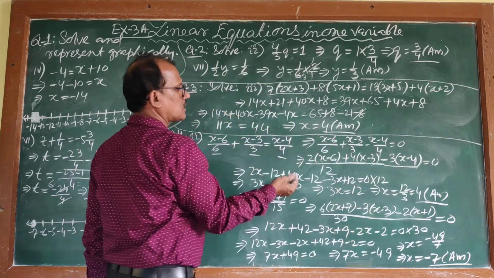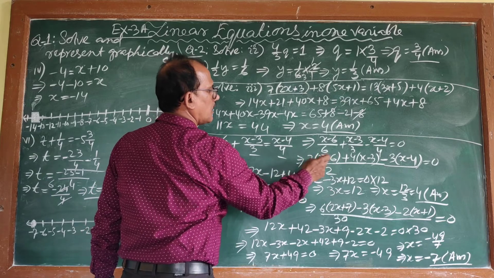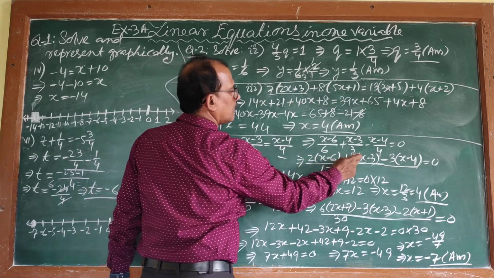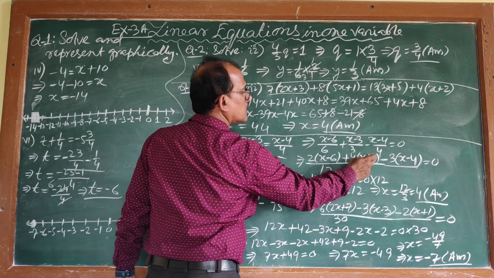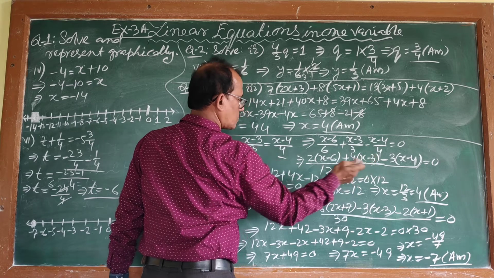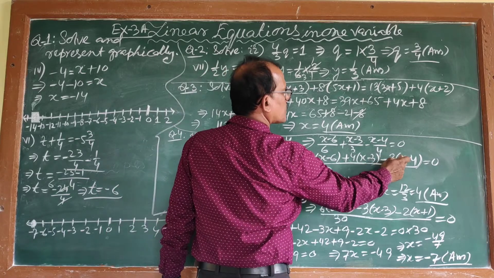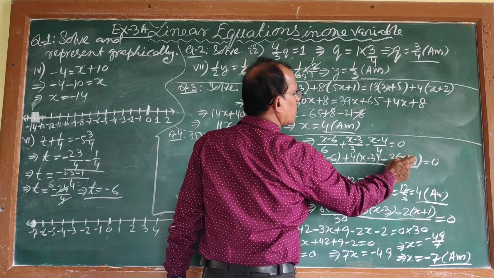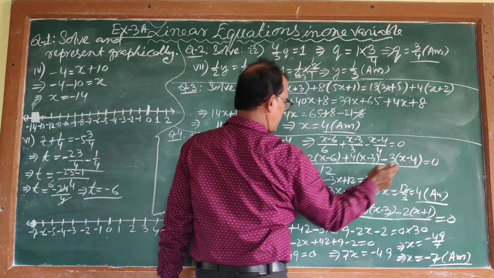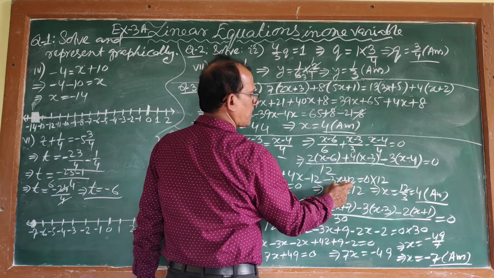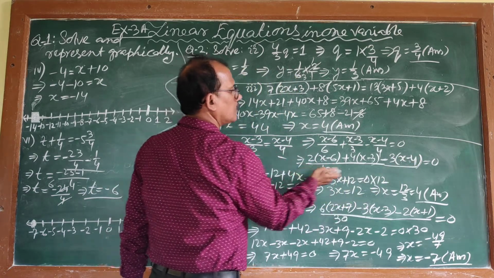So it becomes, just remove the brackets, 2 into x, 2x minus 12, 4x, 4 threes are 12, but minus 12 it will become plus 12, minus into minus. Now minus 3x plus, minus into minus, plus 3 fours are 12. So 3x minus 3x plus 12 is equal to 12 into 0.